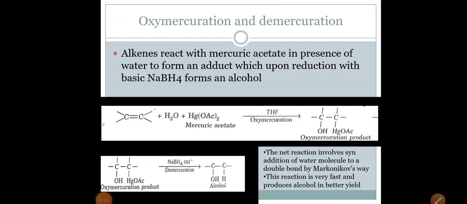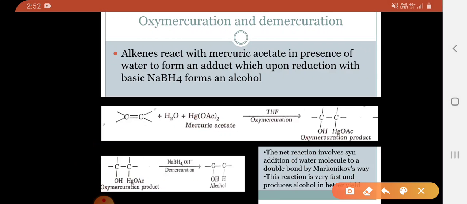The reaction oxymercuration and demercuration is actually a reaction of alkenes with mercuric acetate in the presence of water.